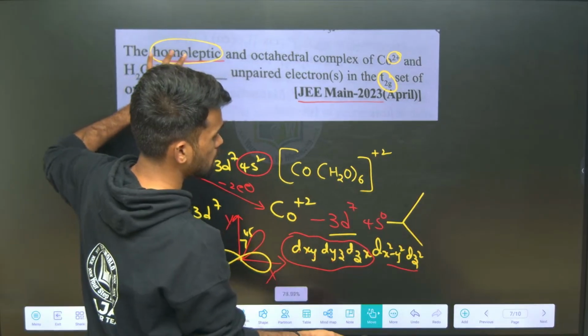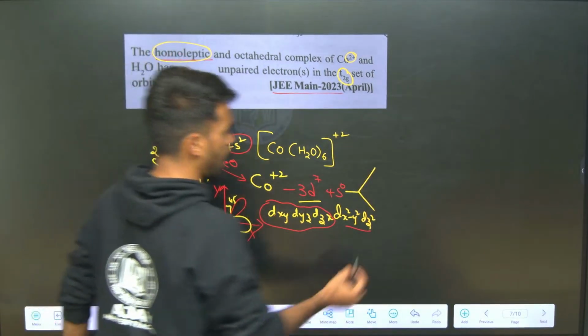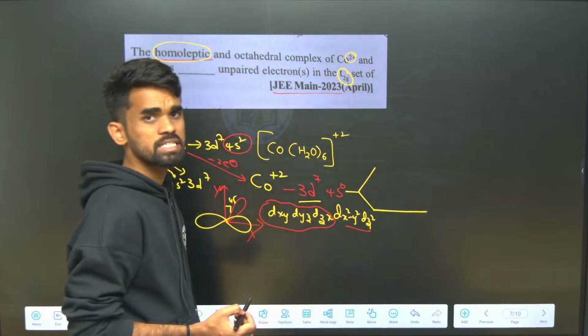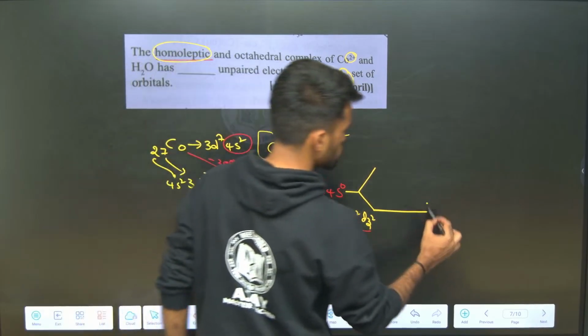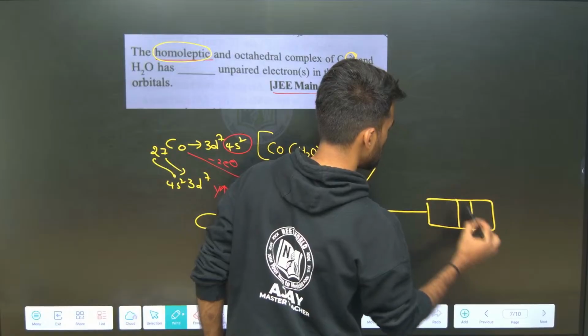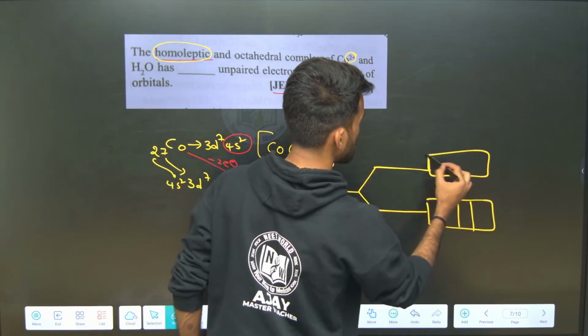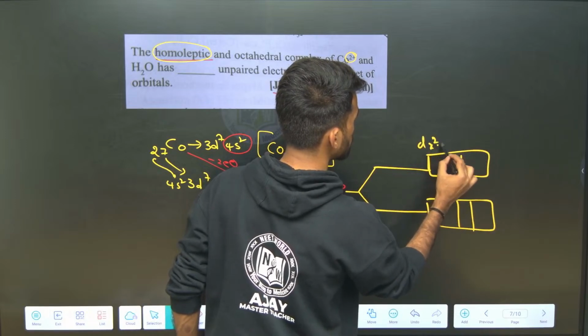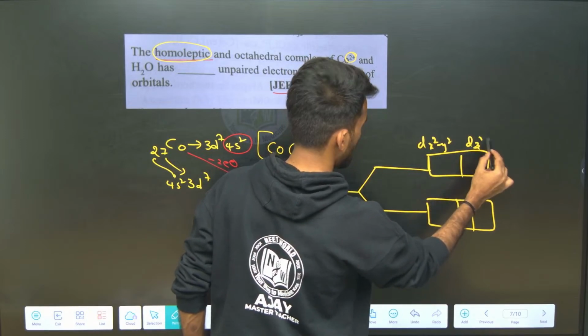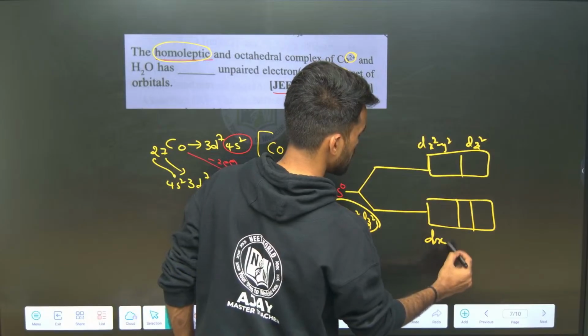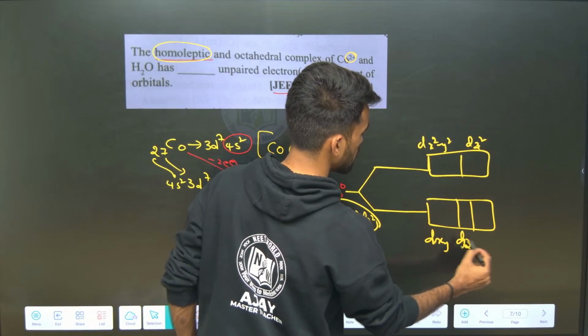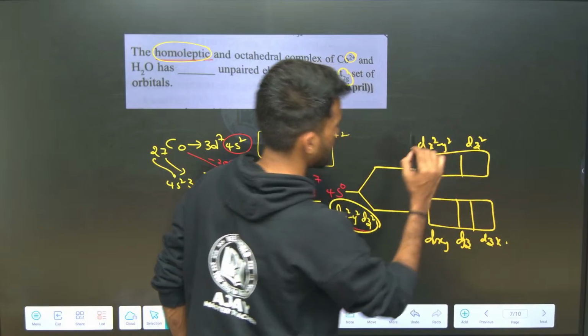Those orbitals in between the axes form the t2g set. So these 3 are the t2g set orbitals, and those along the axes are the eg set orbitals. Here I am writing dx square minus y square and dz square for eg, and in between the axes dxy, dyz, dzx for t2g.